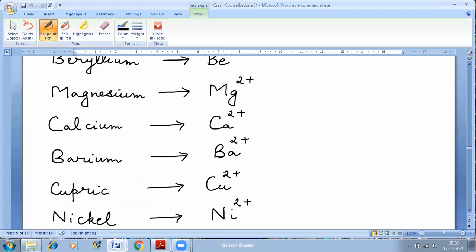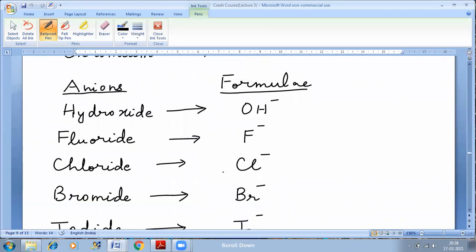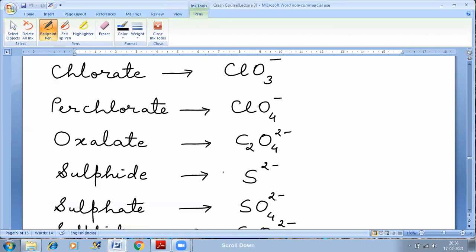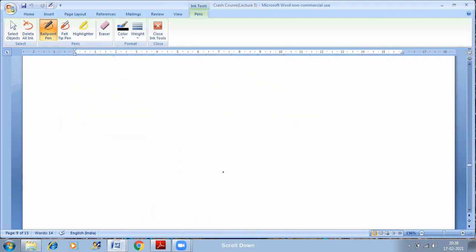And these are the anions that you have to know. Unless you know these anions and cations, you will not be able to go ahead.